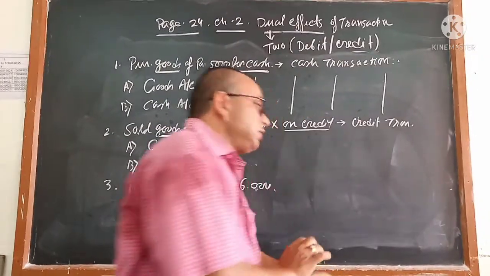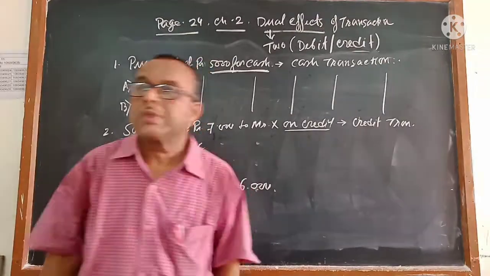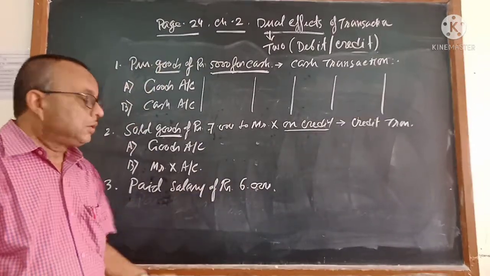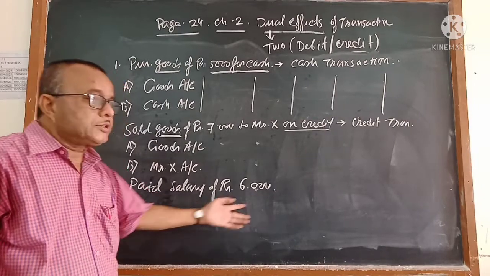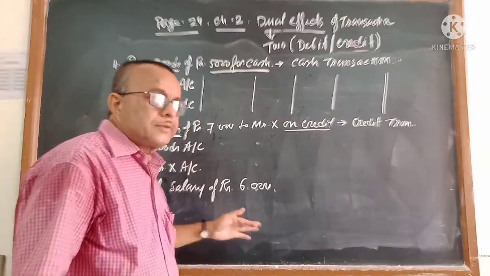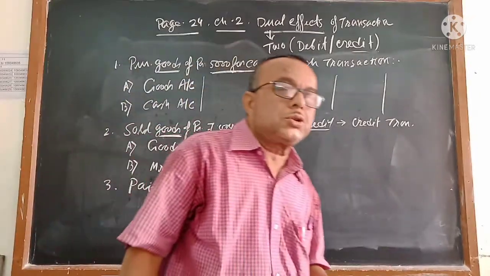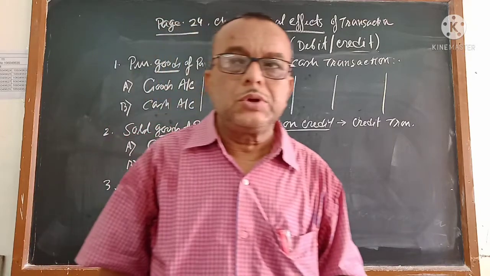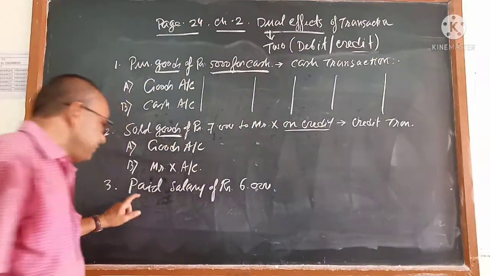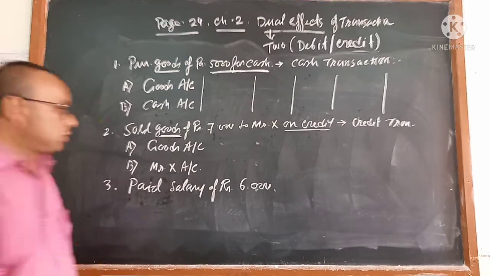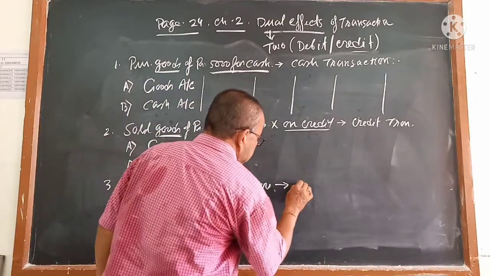The first step is to find out whether it is a cash transaction or a credit transaction. Nowhere is it mentioned in cash or by cheque. Nowhere is it mentioned on credit. Nowhere is a party's name mentioned. But the word paid is given. So as paid is given, it is considered a cash transaction.